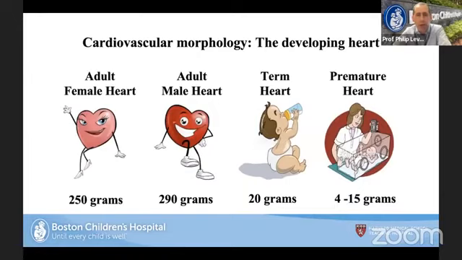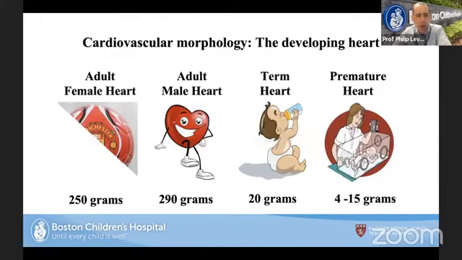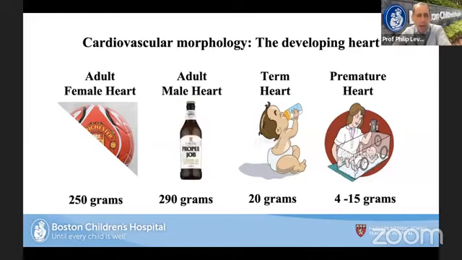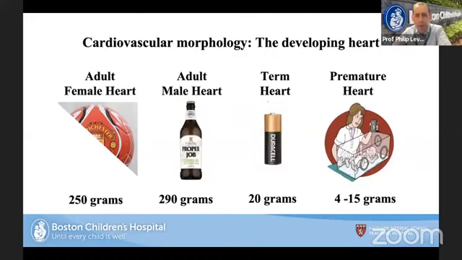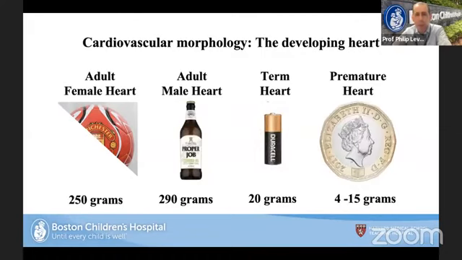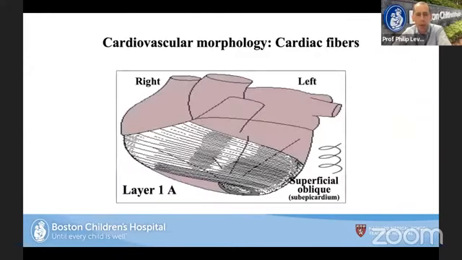What I love about this is it really compares the weights of an adult heart to the weights of a preterm heart. The adult female heart weighs about half of a soccer ball or football, if you like Manchester United. The adult male heart weighs about the size of a proper job or an alcoholic beverage. The term heart weighs the weight of a Duracell, and the preterm heart weighs about 1 British coin. So that gives you a real gamut of what we are dealing with.